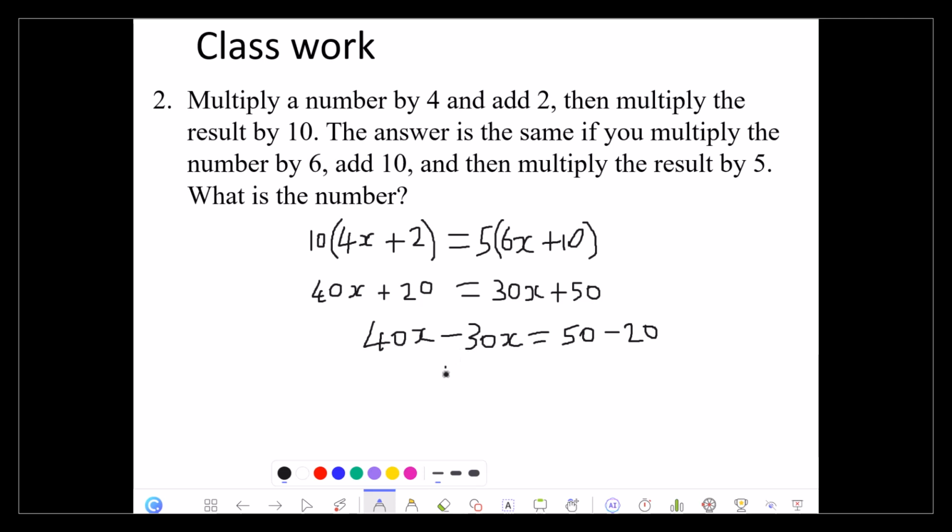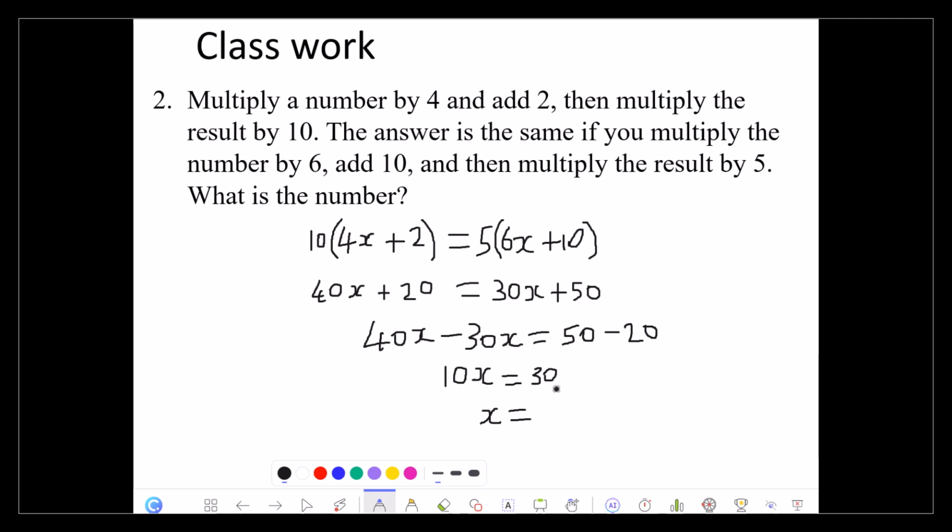Then now you do your subtraction and finish your work. 40 minus 30, this will give us 10x equals to 50 minus 20, this will give us 30. Then to end this work, I'll need to divide both sides by 10.